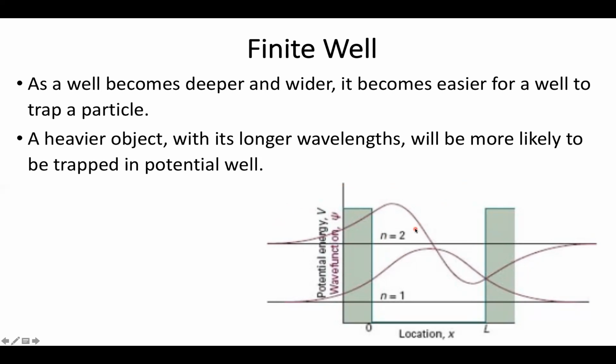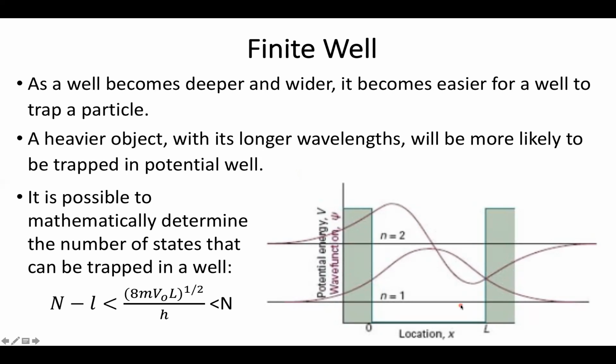And it's kind of the same thing with a finite well. However, one of the things that is worth noting is if I have a heavier object and a longer wavelength, it's going to be much more likely to be trapped in the well. So again, longer wavelength, lower energy, less likely to bleed out, as well as the longer the well itself, the more likely I am to be trapped in the system as well. So again, one of the big things to make note of is that it is actually possible to determine exactly how many states you can trap in a finite well.